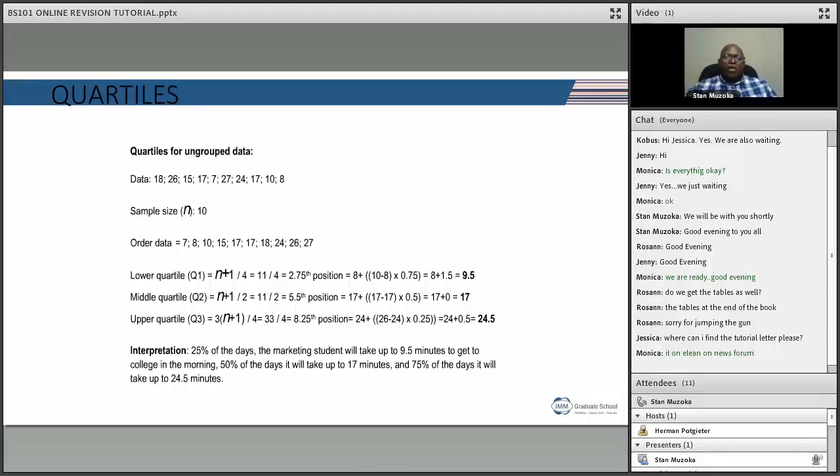Interpretation: 75% of the time, the student gets to college in less than 24.5 minutes, and in 25% of the time, gets to college in more than 24.5 minutes.